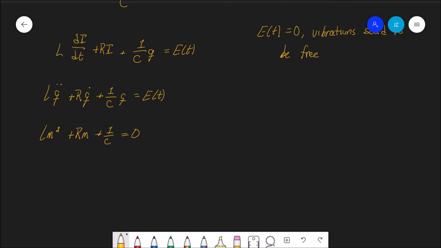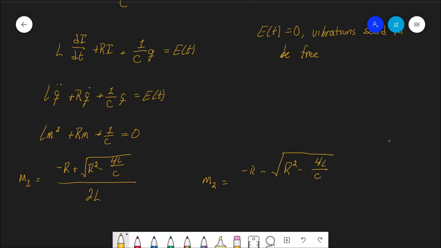This will give us the roots. M1 is negative R plus the square root of R squared minus 4L over C, all over 2L, and M2 is equal to negative R minus the square root of R squared minus 4L over C, all over 2L.